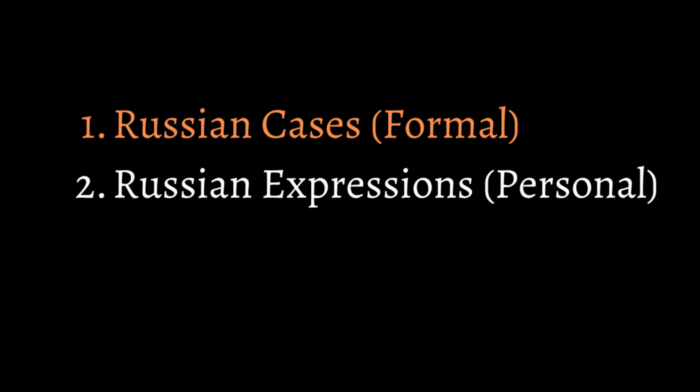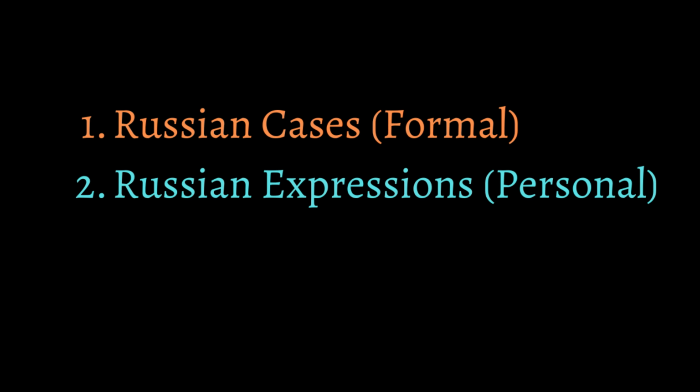Now, I'll explain these cases by first introducing them formally and linguistically. Their definitions might help you understand the cases more because they have more connections to their formal origin. However, after giving the formal definition of each case, I'll explain the cases on a personal level by redefining the meaning as the 6 types of expressions in Russian, giving examples of questions, and putting an emphasis simply on the words themselves.